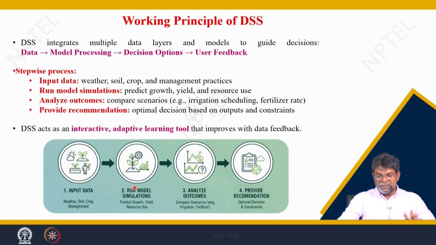Not only run the models, you have to analyze the outcomes. Analyze the outcome, run the model, you get the knowledge, you get the information, then give recommendations, not necessarily exactly the model output. You make your own synthesis looking at the model output, then give recommendations to the farmers or the policy makers, decision makers, the end users. That recommendation has to go.